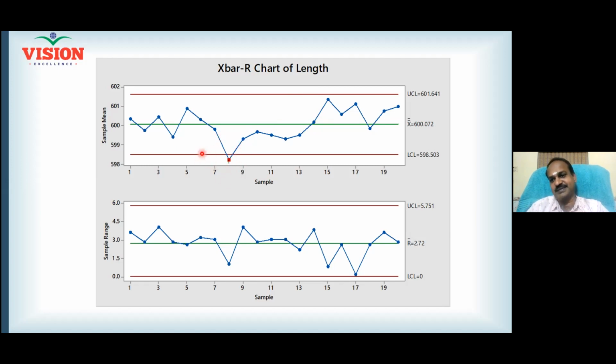Am I correct or not? Correct. If you want to avoid that, you need to make sure your X bar chart is under control. Is that clear? Yes, sir. Right. Now, what is this city? This city is Chennai, right?